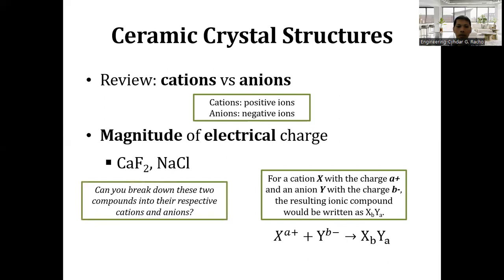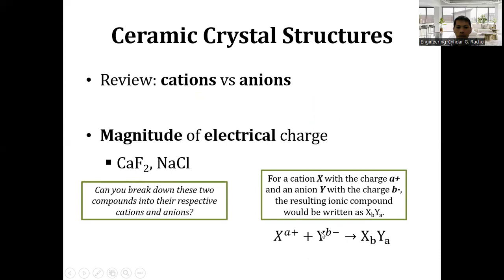So you can break down these compounds into their respective cations and anions. Say for example, calcium fluoride, CaF2.